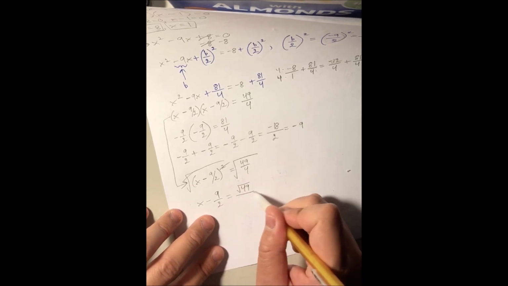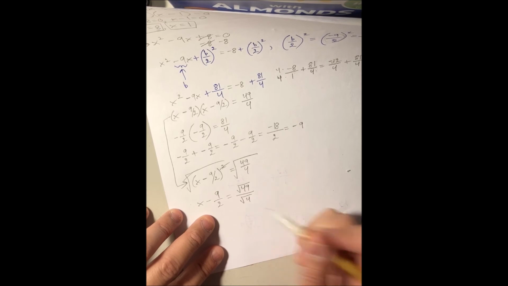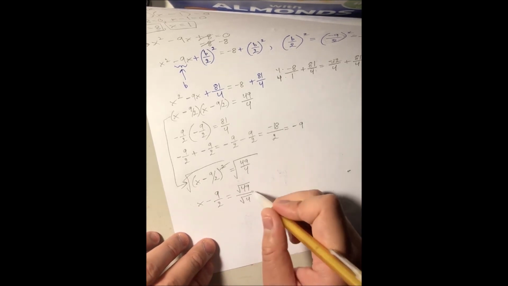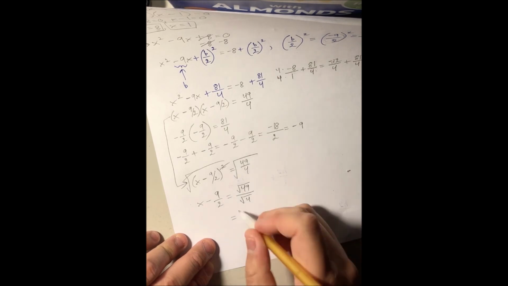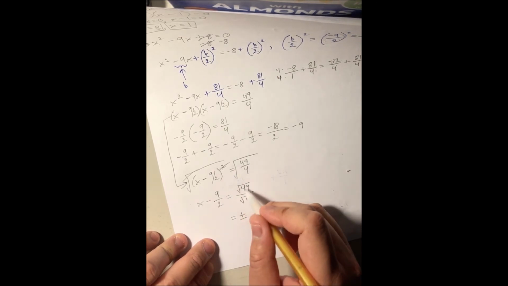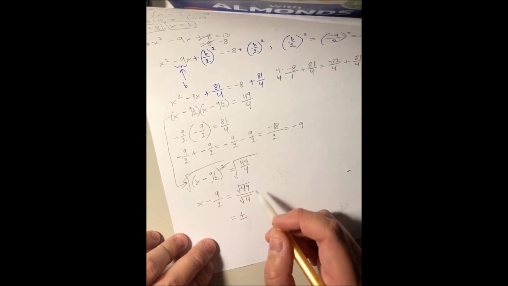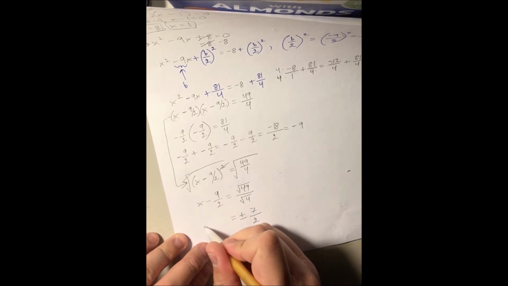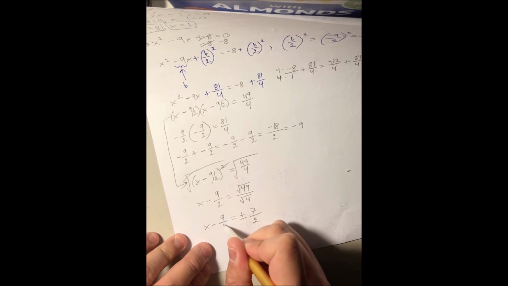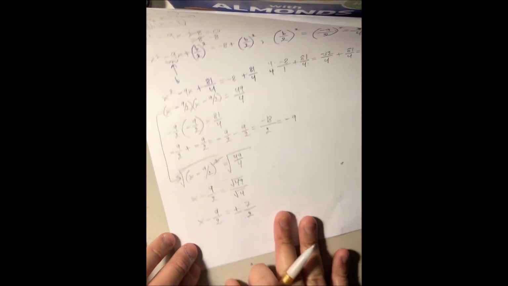One goes with the numerator and one goes with the denominator. But then we know that the right hand side is going to be plus or minus because we're taking the square root. Square root of 49 is going to give us 7. Square root of 4 is going to give us 2. And then x minus 9 over 2 on the left stays the same.